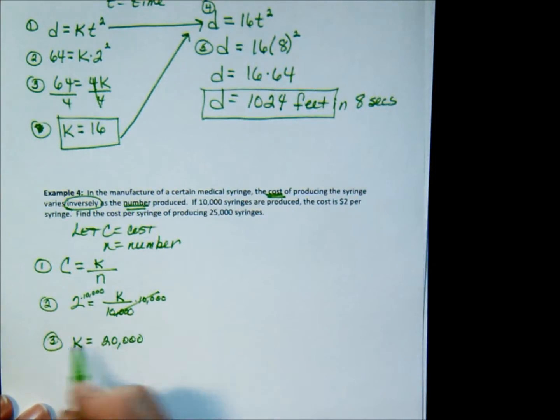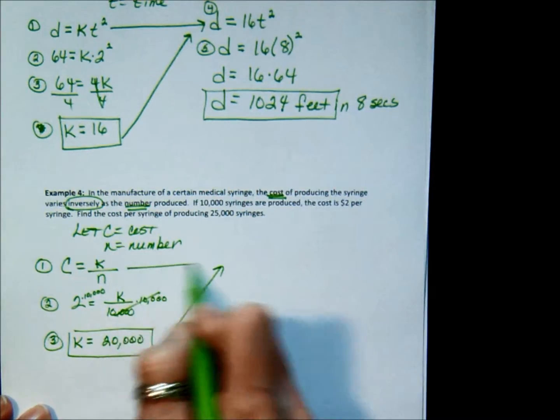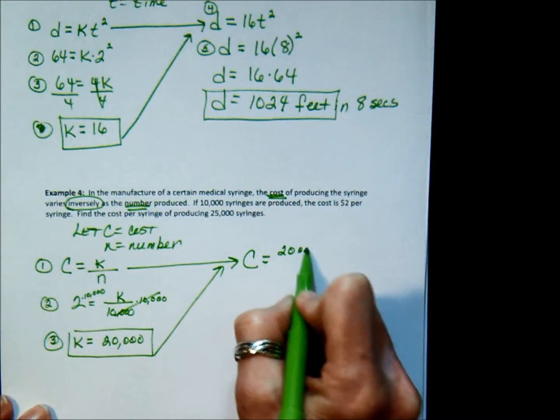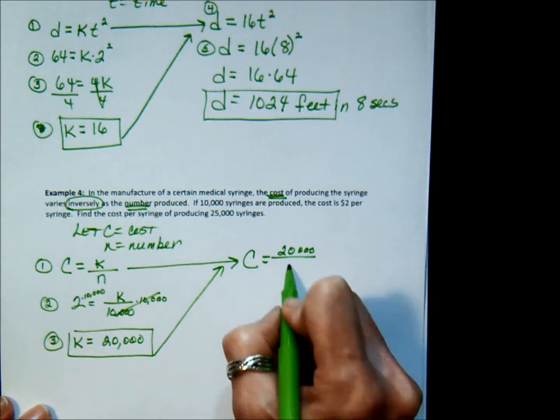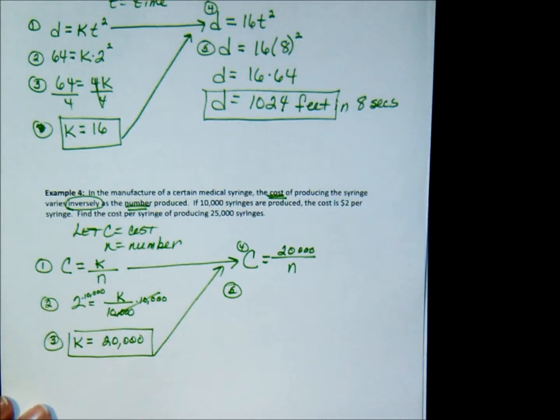That's the first thing that I need. We bring it up, we bring this over, and we write it again. But we put in 20,000 for our K. That's step 4. Step 5 is put in whatever value they give you next.